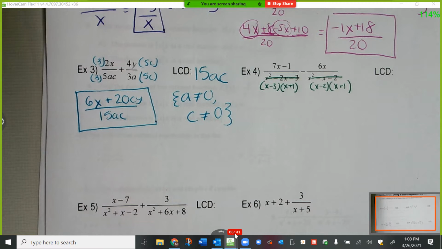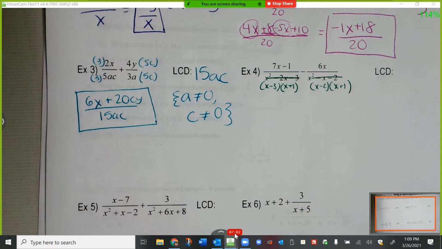If this was a test problem, this is how it would be set up for you anyway. There might be some that aren't factored, but it's not going to be like yesterday. You know how some of them, like all 4 pieces weren't factored? We're not going to have anything like that on there. There might be like 1 piece to factor, but not all 4.